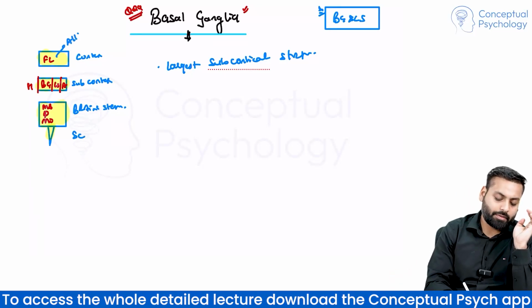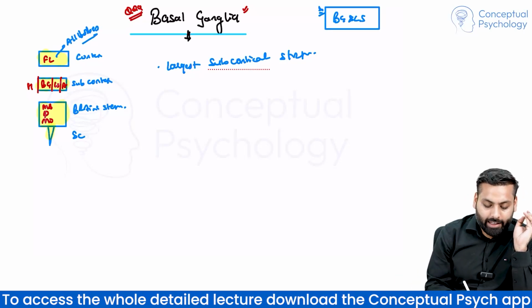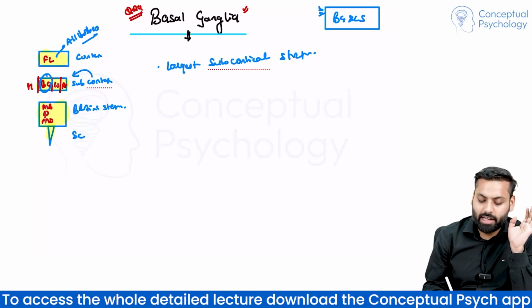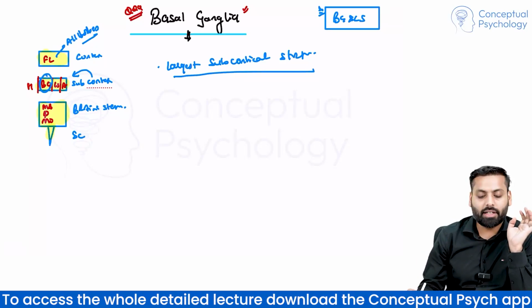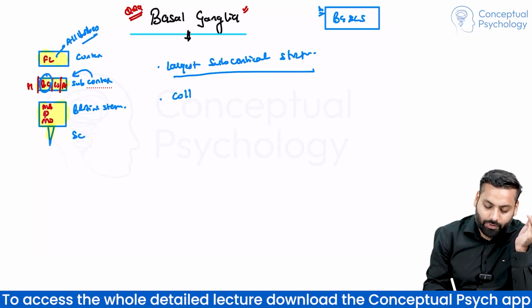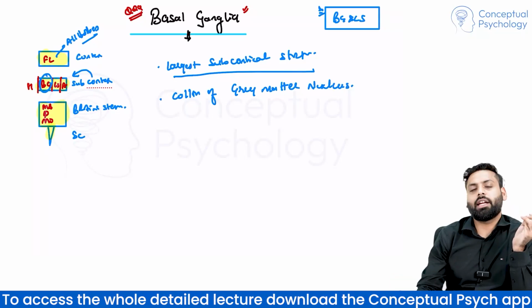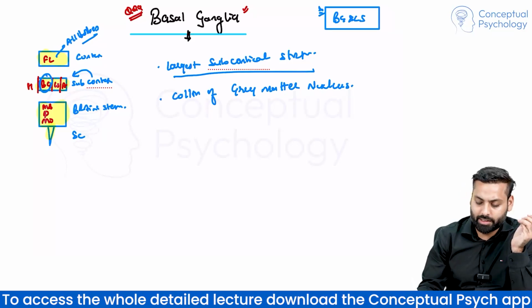Fine, all lobes. Great. So in the subcortical structures, what is the largest? Basal ganglia. So basal ganglia is the largest subcortical structure. It is a collection of gray matter nuclei.